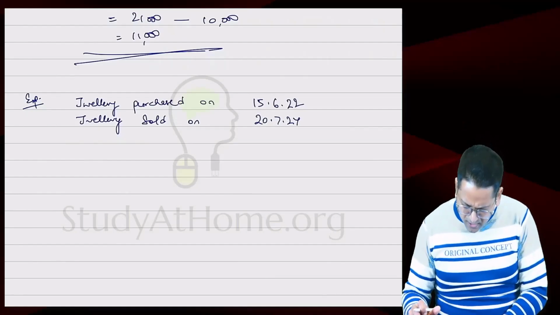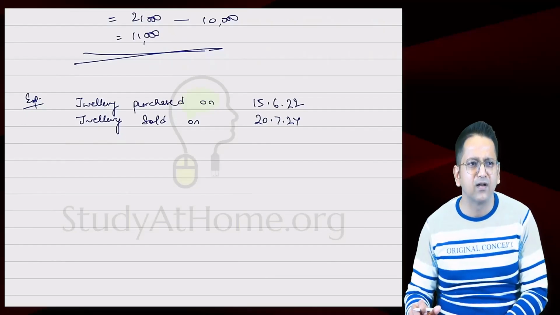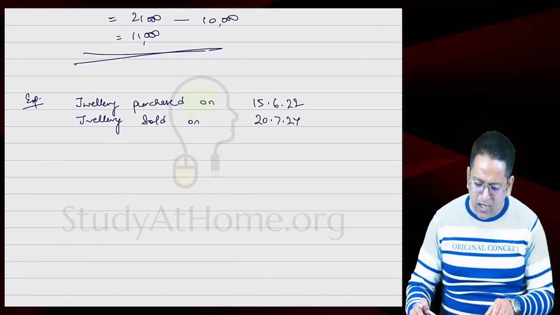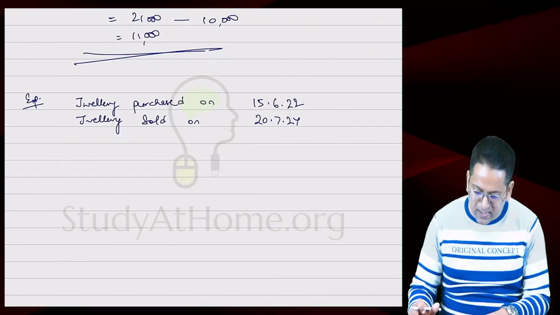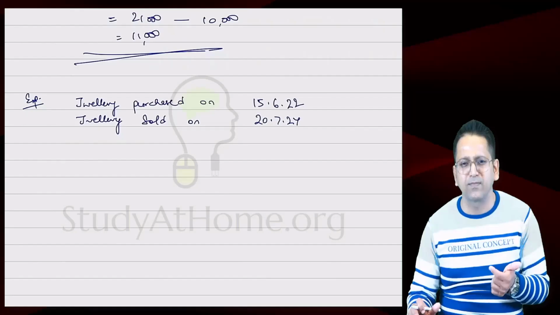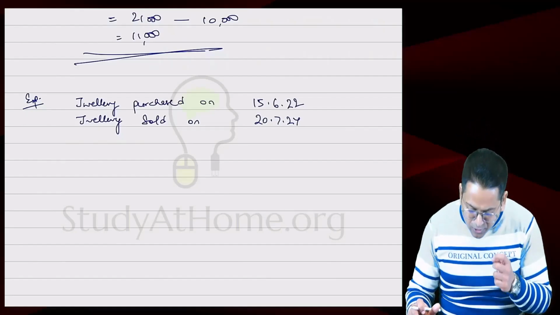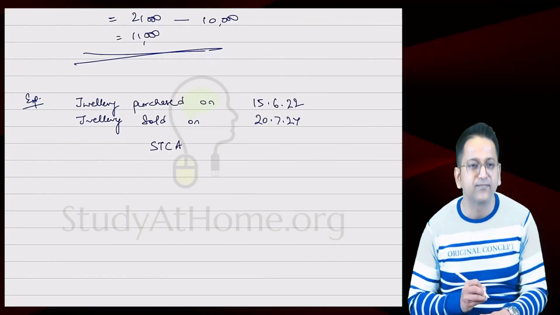How long was this period? A little more than 2 years. Yes, it has been a little more than 2 years. Is this long term or short term? Meaning when this jewelry is sold, will it be long term capital gain or short term capital gain? This will be a short term capital gain because this is a short term capital asset.